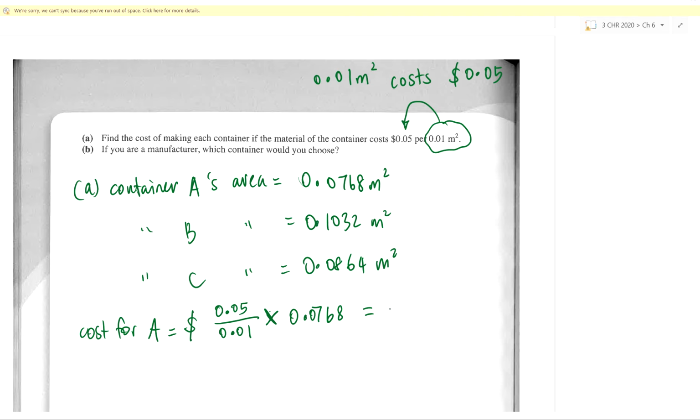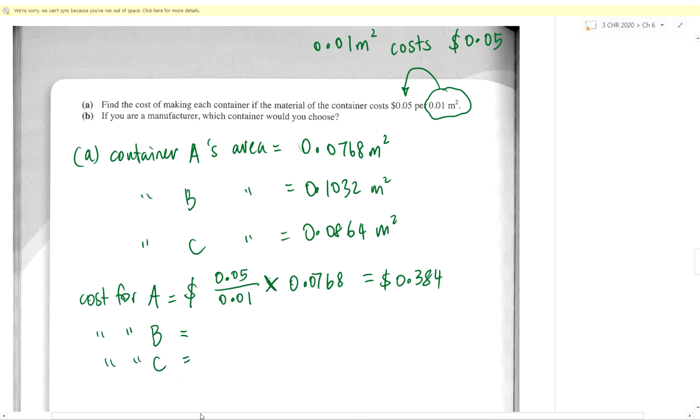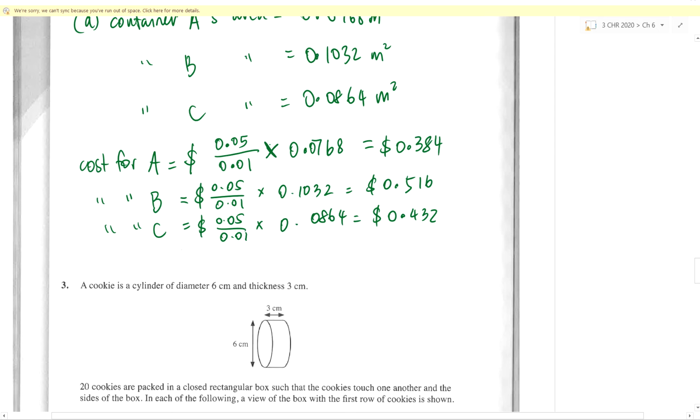So this is our cost for A. So do the same for B and for C. Use the next 2 minutes to just quickly practice your calculator skills. The cost for A, B, and C are shown over here. Do you get the same values?